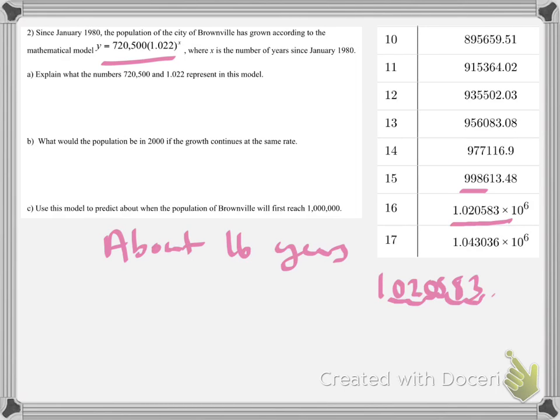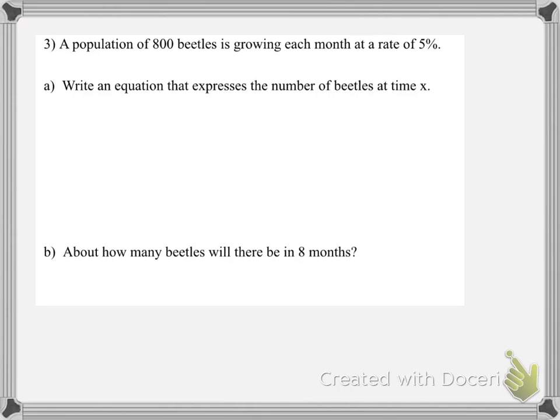Alright, so here's another example. A population of 800 beetles is growing each month at a rate of 5%. Write an equation to represent the number of beetles at time x. Well, if you have 800 beetles, and they're growing exponentially by 5%, I like to do this.